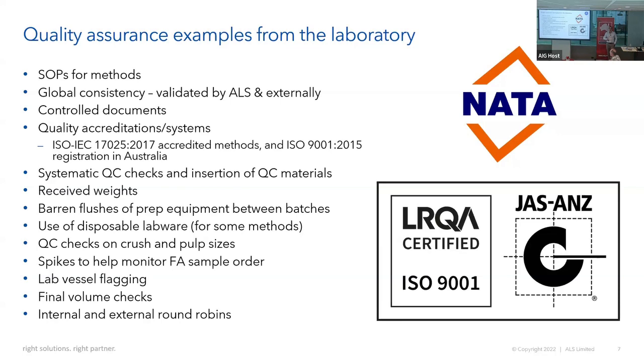Spikes to help monitor positions within fire assays. We have lab vessel flagging. So if we're using like a fire assay pot, for example, and it goes high, that pot either gets thrown out or it gets flagged, so it's not then used on a low level method subsequently. Final volume checks, internal and external round robins, we participate in these kind of things.